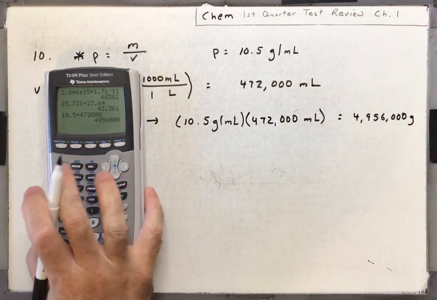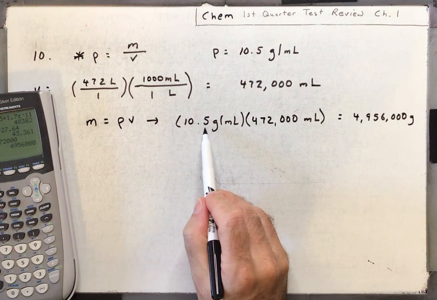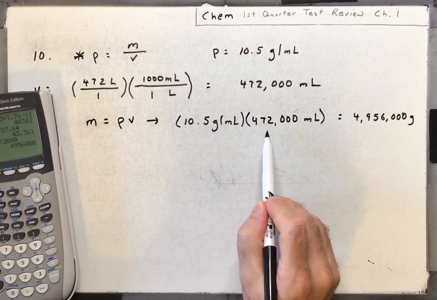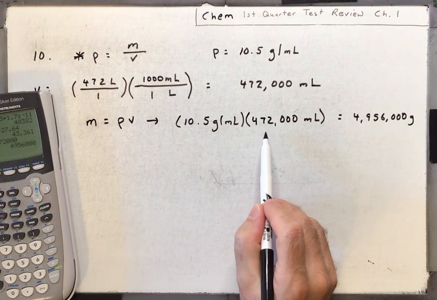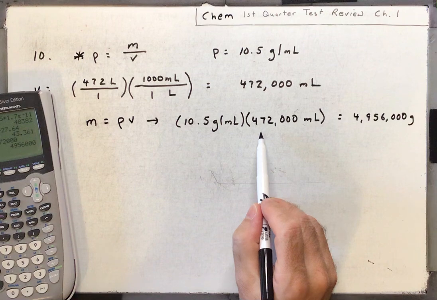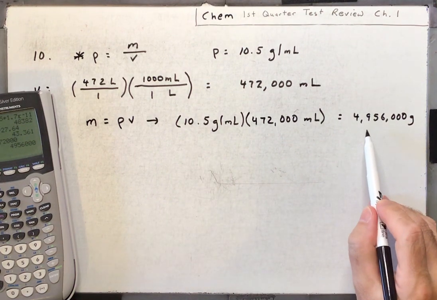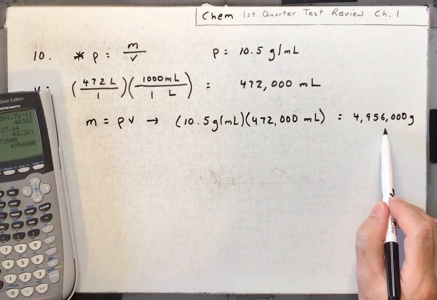grams. Now, are we rounded properly? We have 3 significant figures here, 3 here. All right, so in order to round this properly, we're going to have to round to 3 significant figures, right? So here we actually have 4 significant figures.